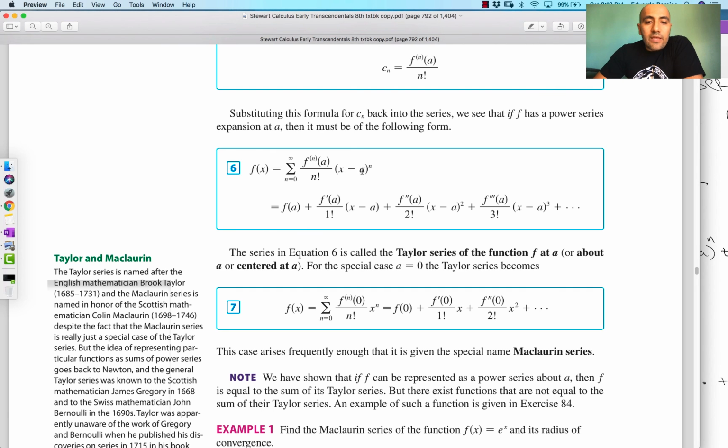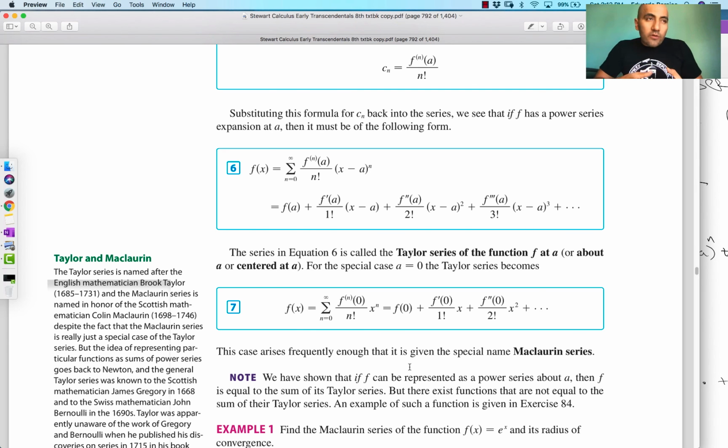So if we just replace the a's all along here with a 0, then we end up with this: x minus 0 is x, raised to the power of n, and then the nth derivative of f at 0 gives you this. And so we have this expression, and this is what we call a Maclaurin series.